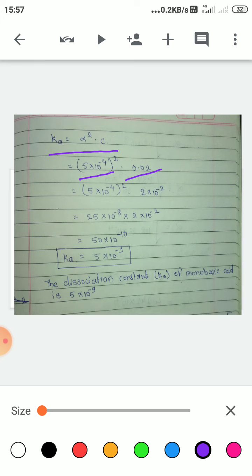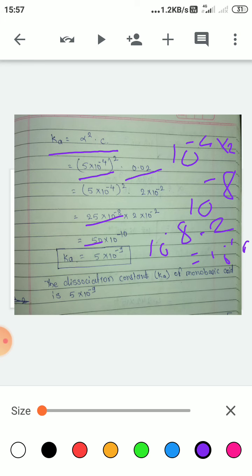Now 5 square is 25, and the square of 10 to power minus 4 is 10 to power minus 8. So 25 into 10 to power minus 8 into 2 into 10 to power minus 2. Now 25 into 2 is equal to 50, and 10 to power minus 8 minus 2 is equal to 10 to power minus 10.